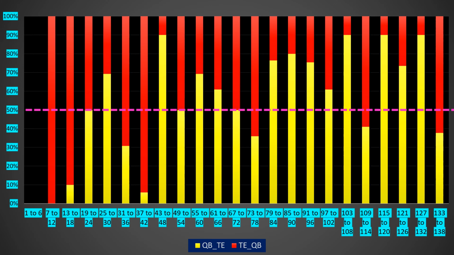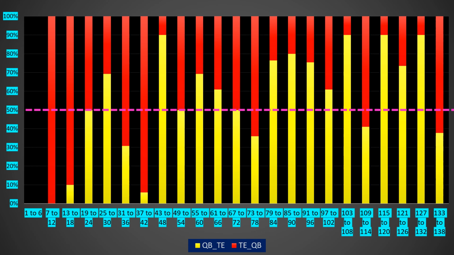Here's the tight ends. So no tight ends have ever gone in the first 6. One has come up in the 7th, 12th. I think Kelsey is going to be the second one in 7 years now that's going to happen.